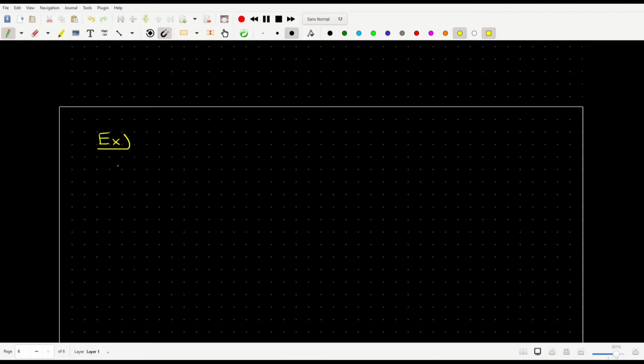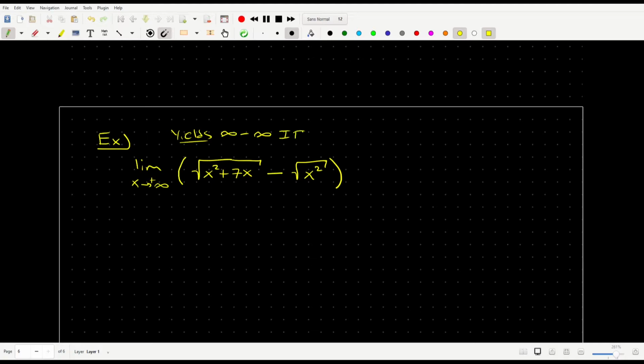So the next example will be the limit as x goes to positive infinity of the square root of x squared plus 7x minus the square root of x squared, which yields an infinity minus infinity indeterminate form.